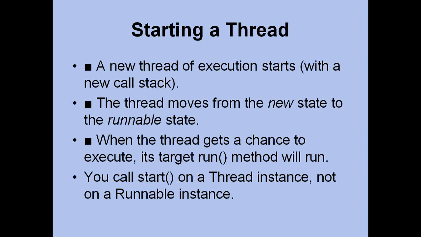What happens when you start a thread? A new thread of execution starts with a new call stack, and the thread moves from the new state to the runnable state. Here you have to understand the subtle difference between runnable and running. A runnable thread is a thread that is ready for running, but it's not necessarily picked up by the thread scheduler, and it's not running yet.